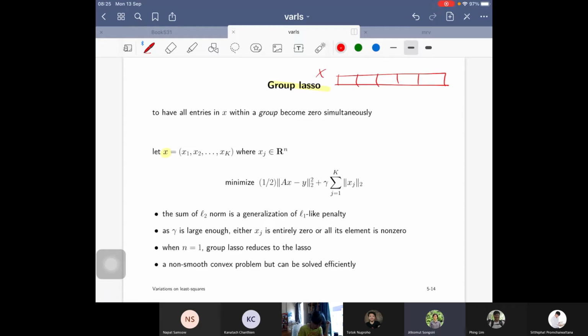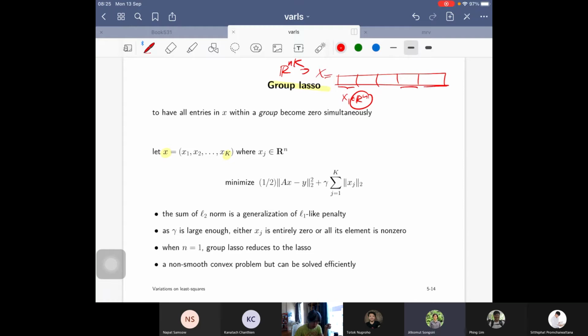Say you have k blocks, where each block is also a vector in R^n. So you have k blocks, each of which is a vector in R^n, and the whole thing is a vector of size n times k.